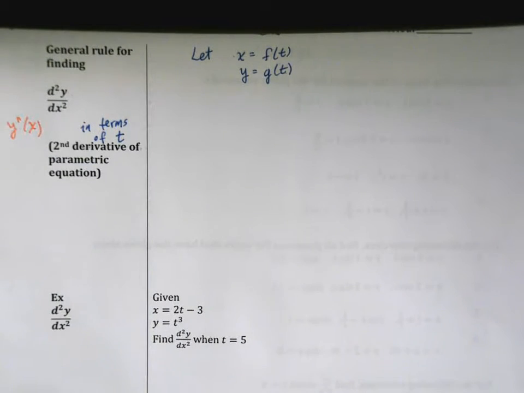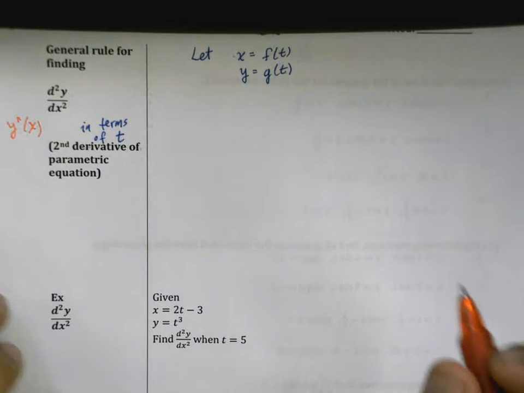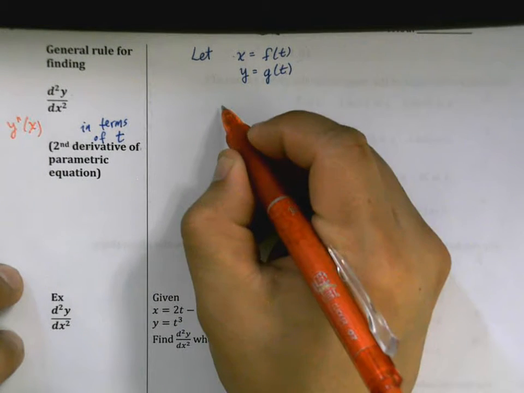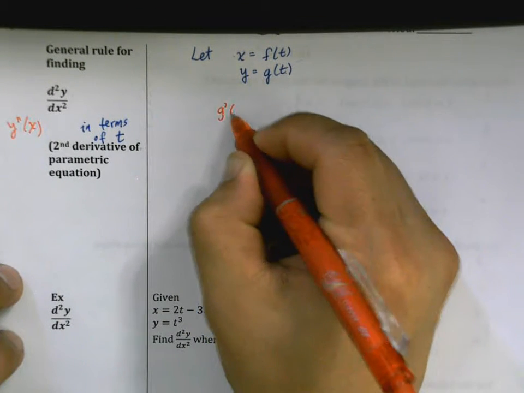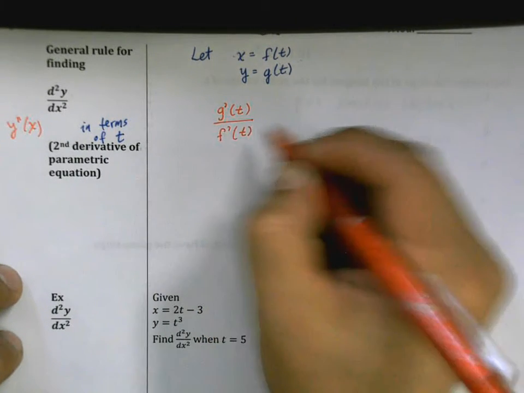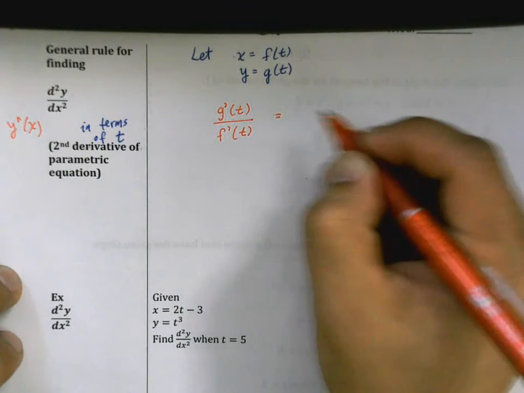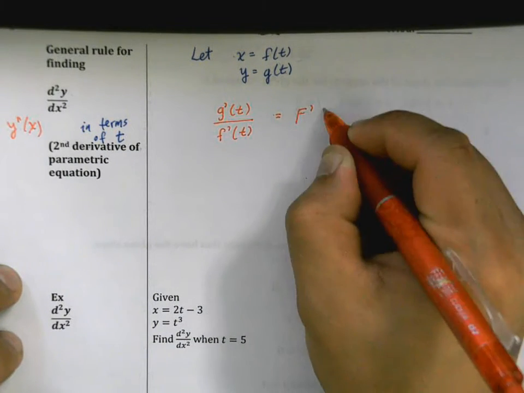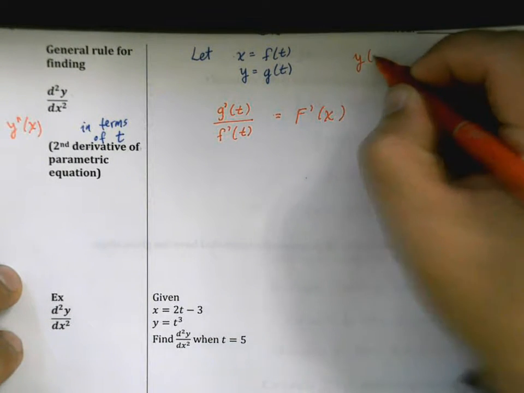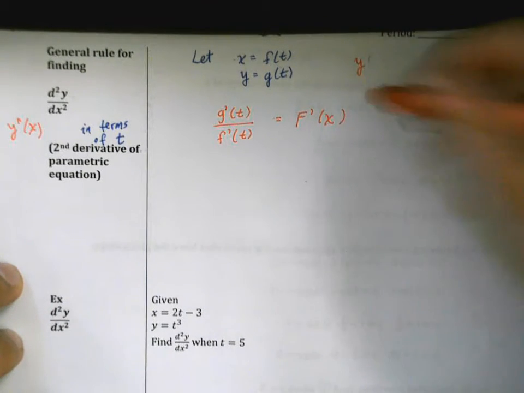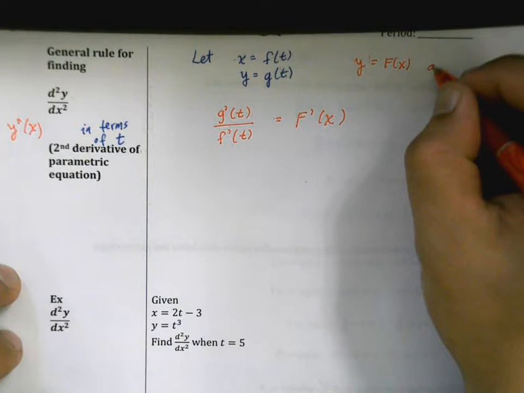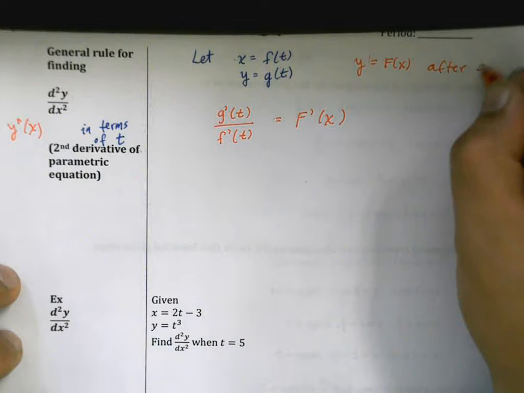One thing that we know to be true is that g prime of t over f prime of t is equal to big F prime of x, where y is equal to big F of x after eliminating the parameter.